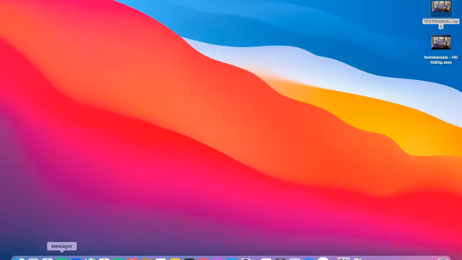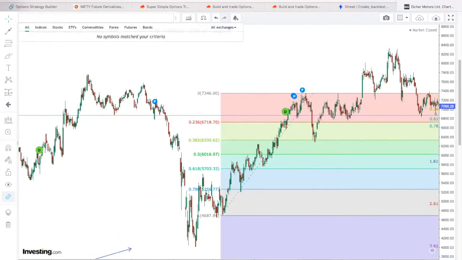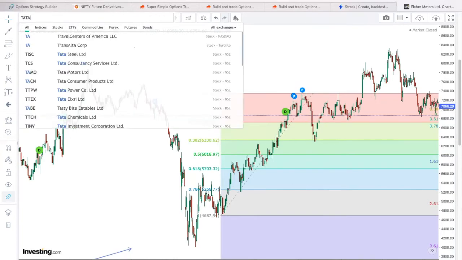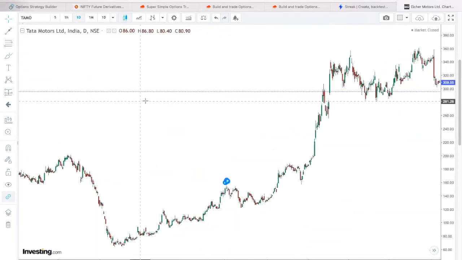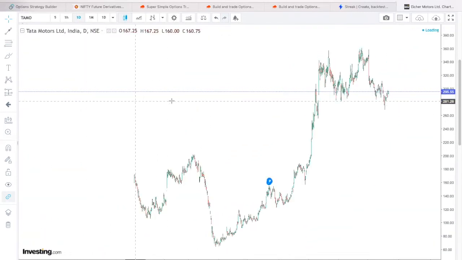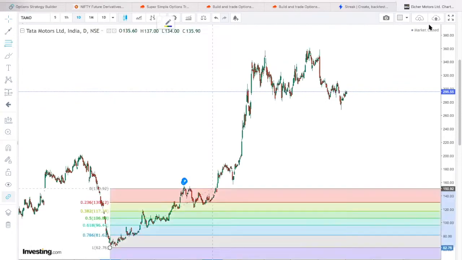So it is a very strong falling stock. You tell me which one we'll apply that to. Let's say a stock which is falling heavily, Tata Motors. Let's see. So Tata Motors, I'll take Fib retracement. This is a starting point.